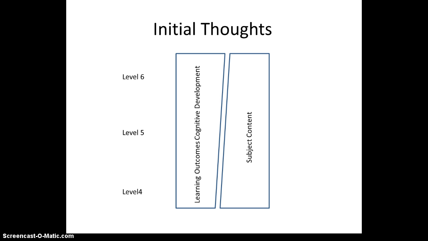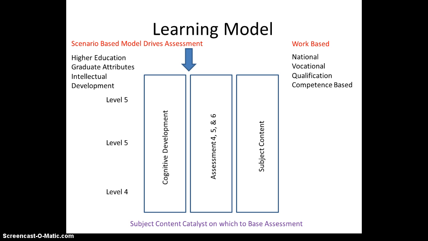I think this is a better model, where we have 3 pillars, and the 3 pillars are cognitive development, assessment, and subject content. If you look at subject content and cognitive development, you can see that they sit exactly the same size here.